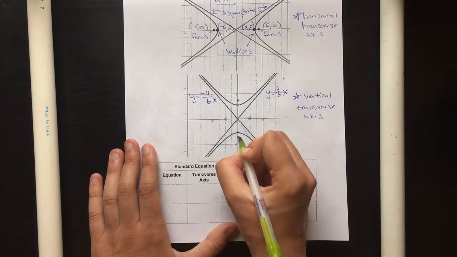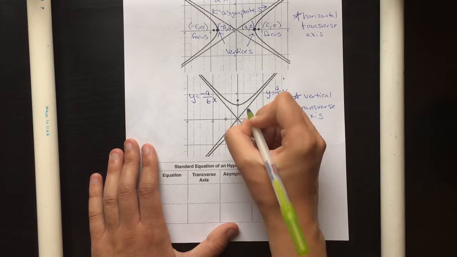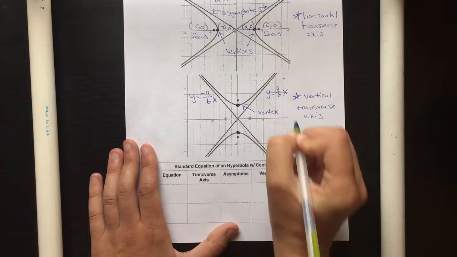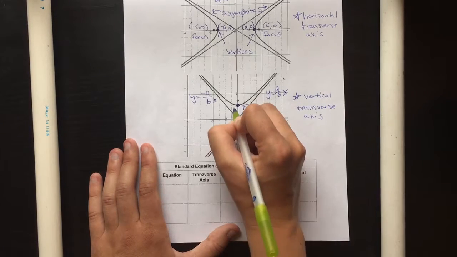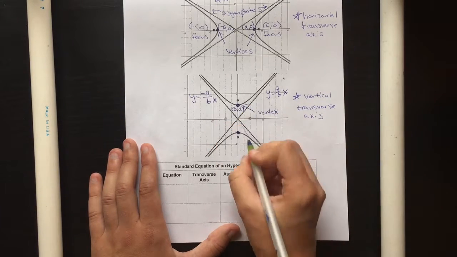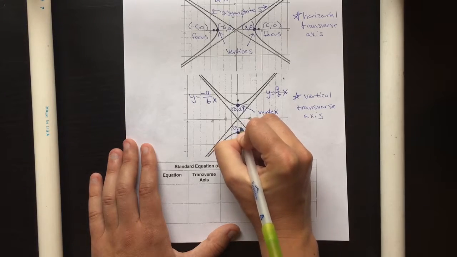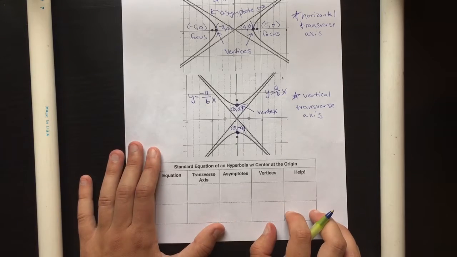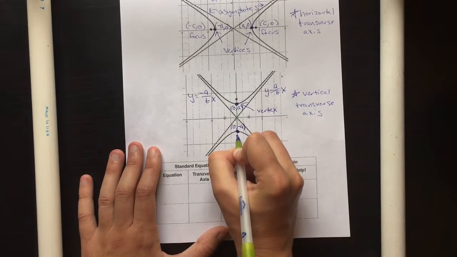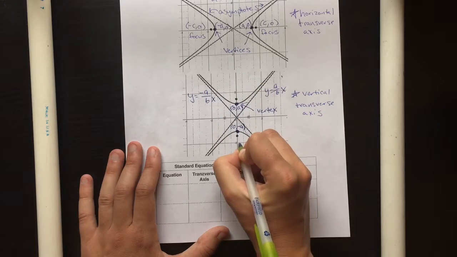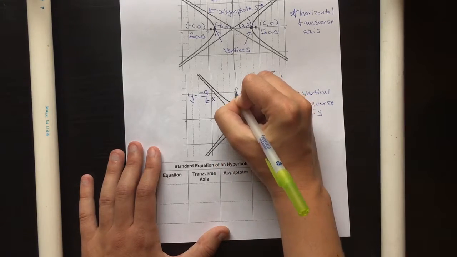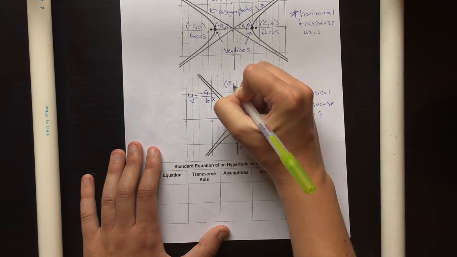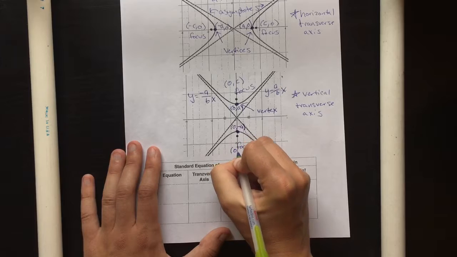And then our vertices are here, and those are at 0 comma a, 0 comma negative a. Right, and then our foci, these points again, those are at 0 comma c, 0 comma negative c.